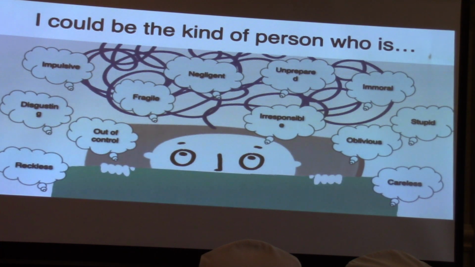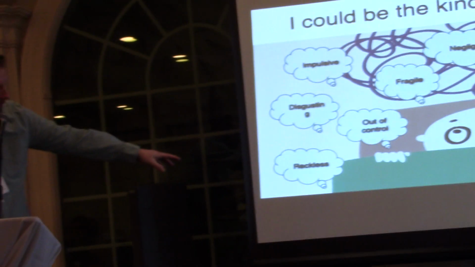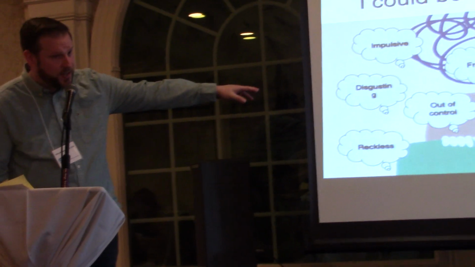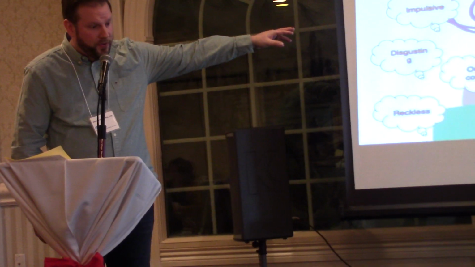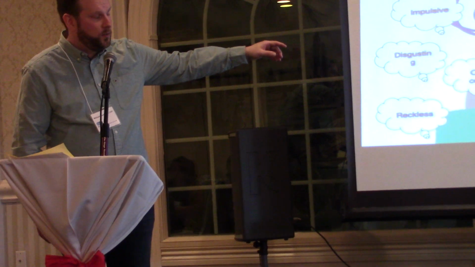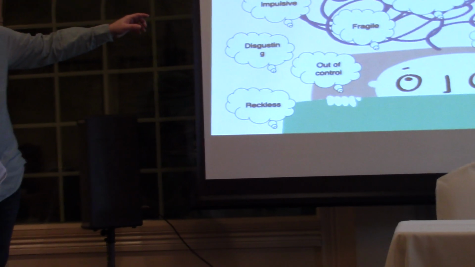So I could be the kind of person who is, and then you insert your catastrophe here. It's a catastrophe because it's not who you want to be. It's the exact opposite of who you want to be. It terrifies you. And here are just a few examples of things clients have said to me. I could be the kind of person who is reckless, disgusting, impulsive. You see impulsive with harm stuff a lot?